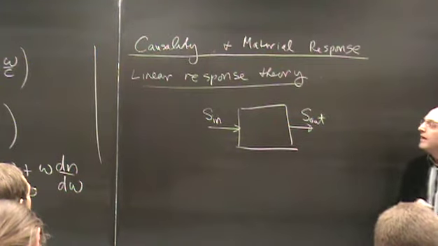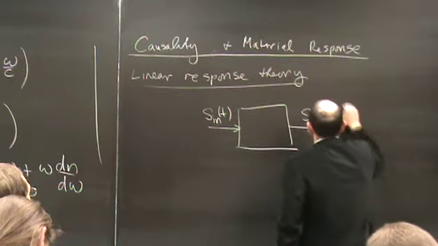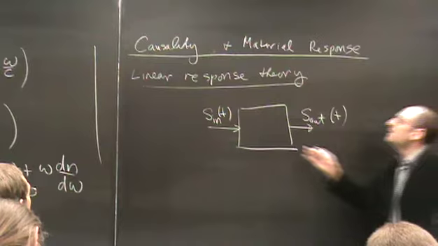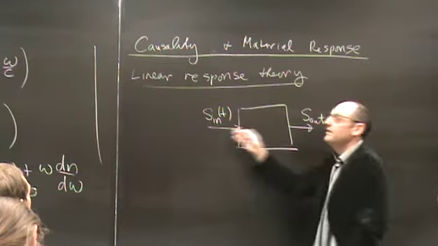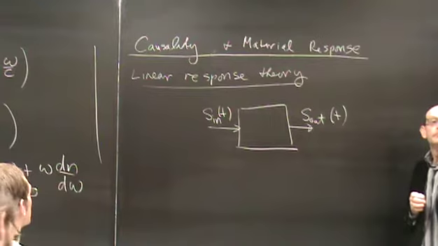That signal, say, is a function of time, and the output signal is some function of time. And there's some relationship between these two things, which is linear.